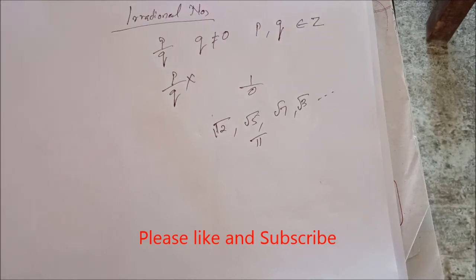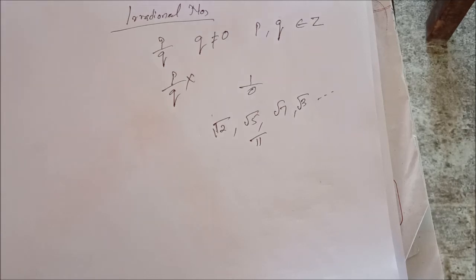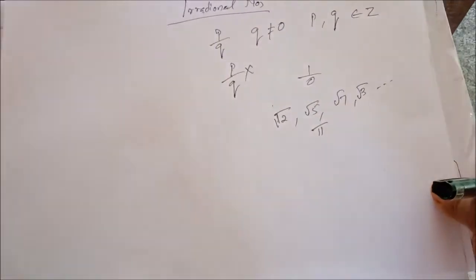In the previous classes we learned how to represent rational numbers, integers, or whatever numbers, or the number systems that we learned till last year, on a number line. Now this year we are going to discuss how we can represent irrational numbers on a number line.